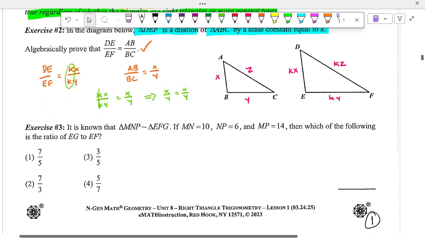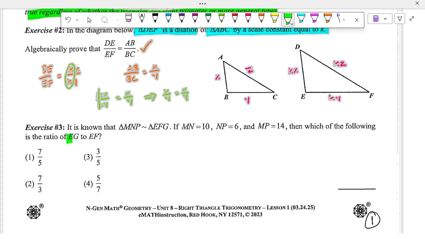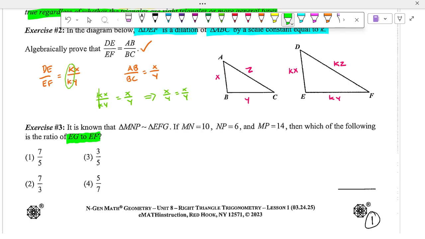Now, exercise 3. They said that MNP is similar to EFG, and they gave us a couple of side lengths. And they want us to know what is the ratio of EG to EF. So, first off, let's just draw the triangles. So we have two different triangles.